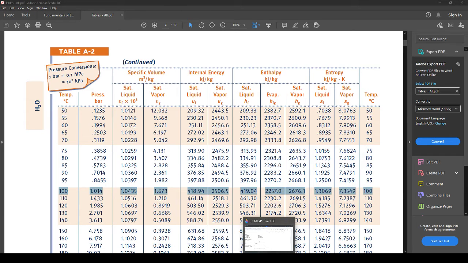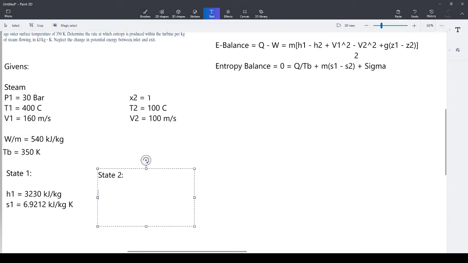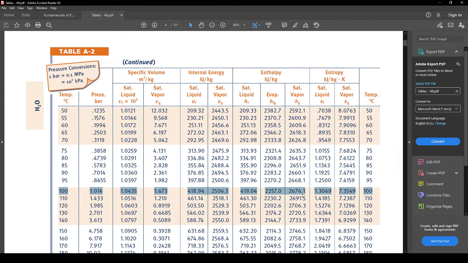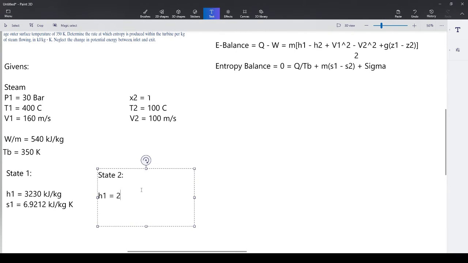So let's do this. 7.3549 is entropy, but I'm going to do enthalpy first. Oh, tables, sorry. 2676. This is kilojoules per kilogram.